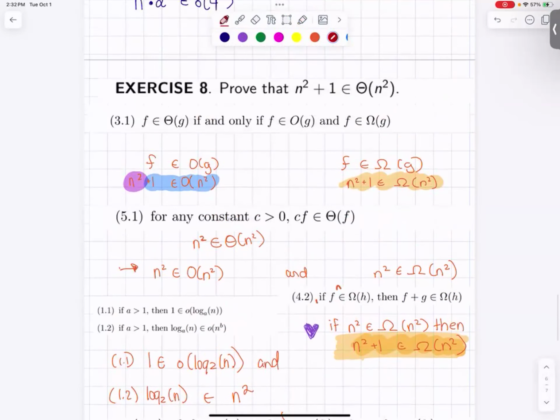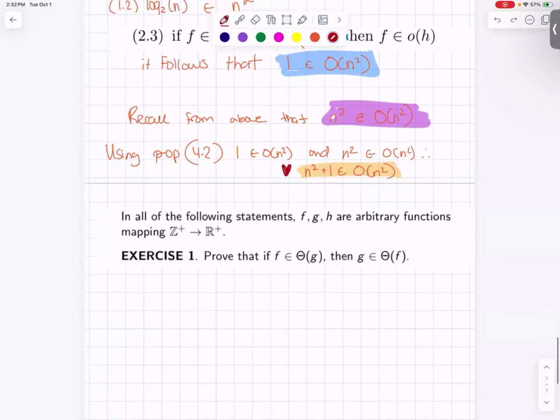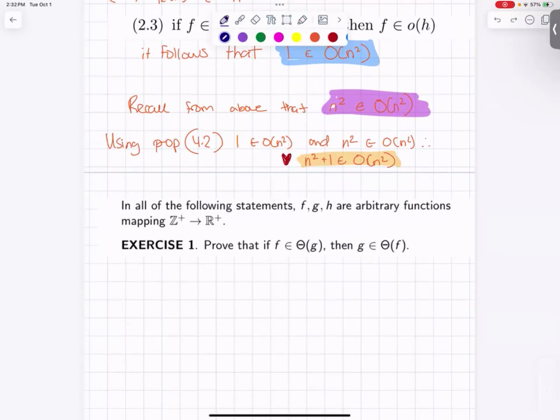Because remember what we were trying to prove? We were trying to prove that we were in theta. So what we can now say is by our purple heart, I should have given them numbers, but I didn't, and our red heart, it follows that n squared plus 1 is in theta of n squared.